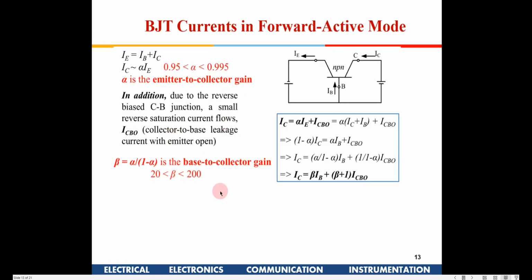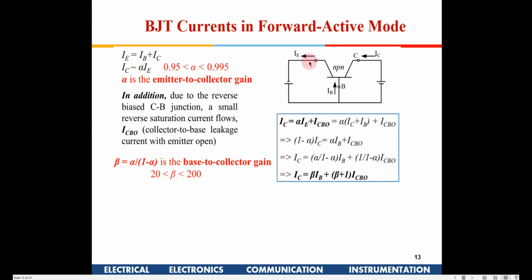Now this is where the current equations are important to understand, and how these currents are related to each other. Now this we discussed earlier. IE, the emitter current, is the sum of base current and the collector current. Now IC is also related to the emitter current: IC is approximately alpha times IE, where alpha is 0.95 to 0.995, right?